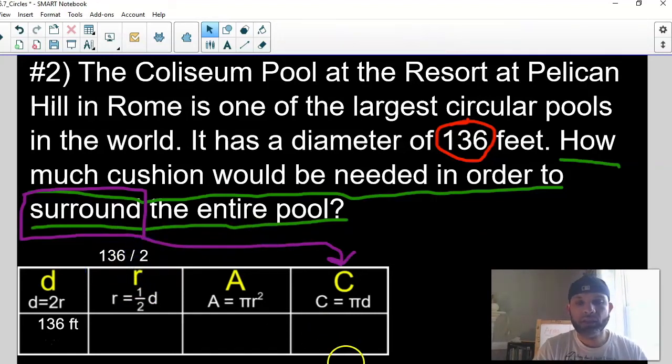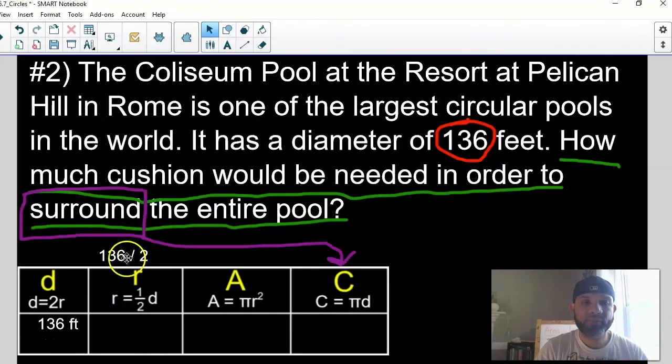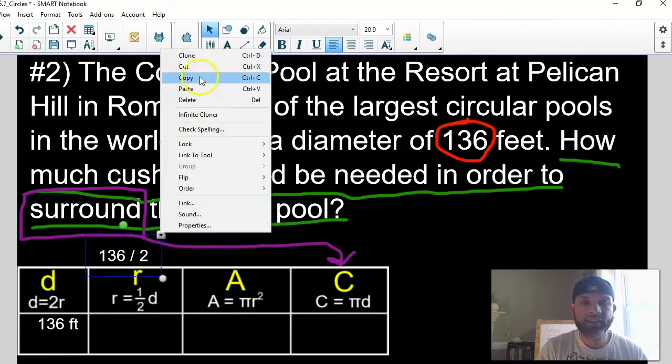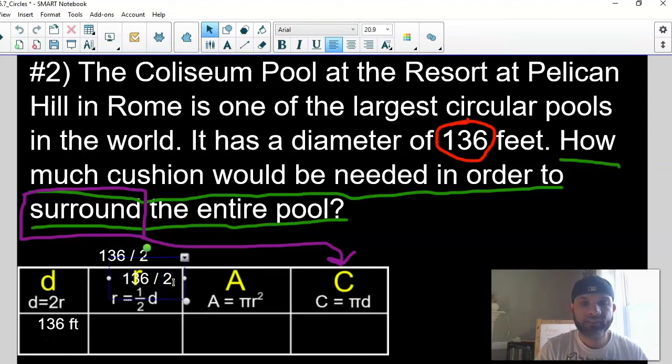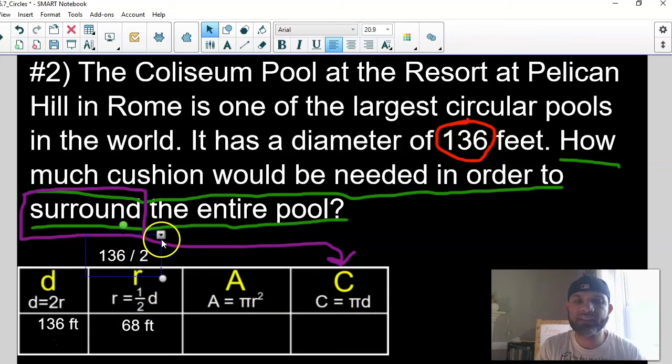Well, 136 divided by 2, I should have used my Desmos for this, but I'm already into it, equals 68. So our radius is 68 feet. But that's why we have calculators. Now, the area of the pool, even though that's not going to give us the answer to the question, let's practice calculating our area.